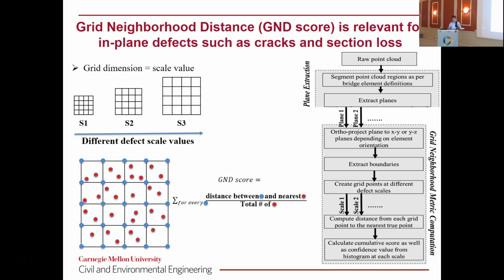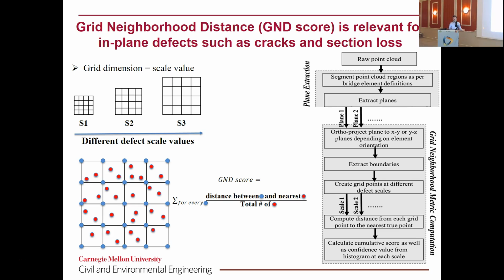And we go through each grid intersection point. You can see that happens at the corner, at the intersections of each of these lines here. And we find the shortest distance from that point to the nearest true 3D point that we took from the overall scans themselves. And once we get all of these cumulative distances, we find a cumulative sum.